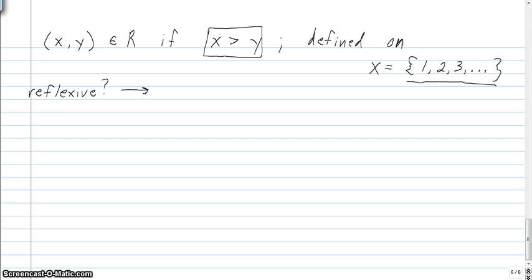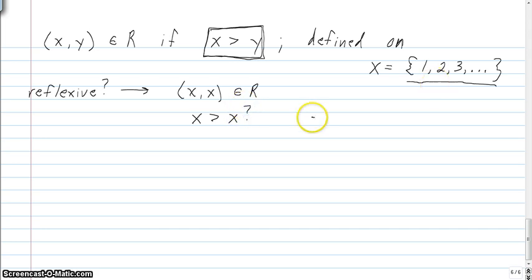Basically what we're asking for this relation to be reflexive is, is x related to itself? In other words, based on this specific relationship, is it true that x is greater than x? And remember, we're looking at the set of positive integers.